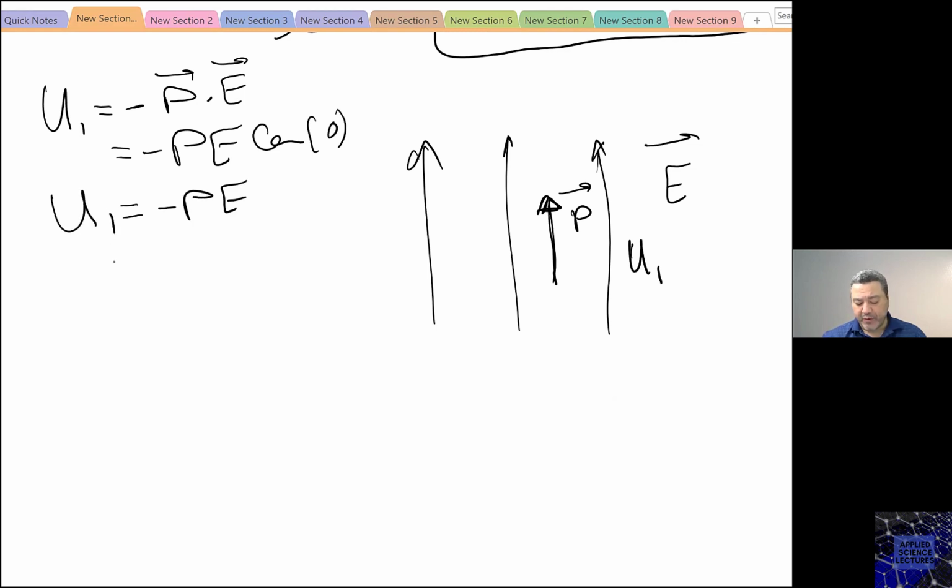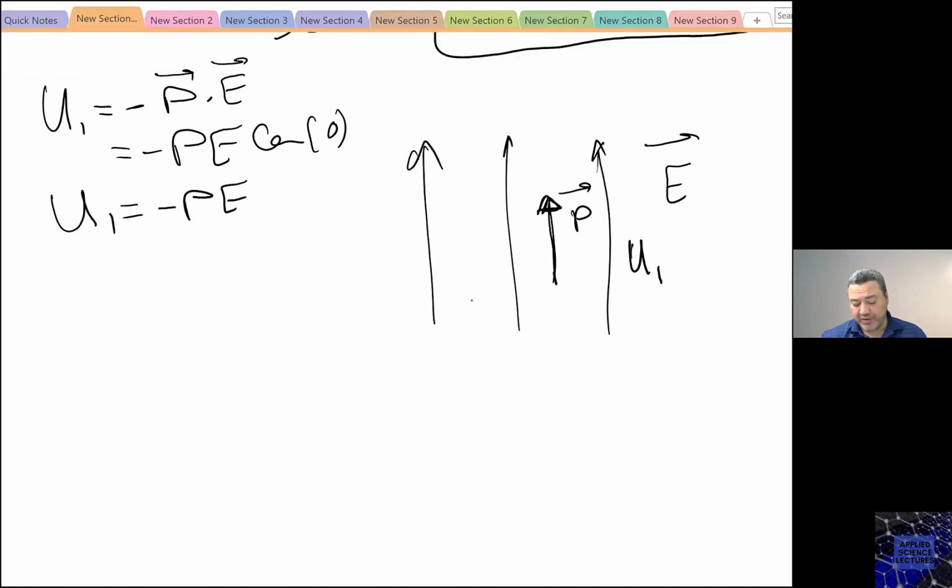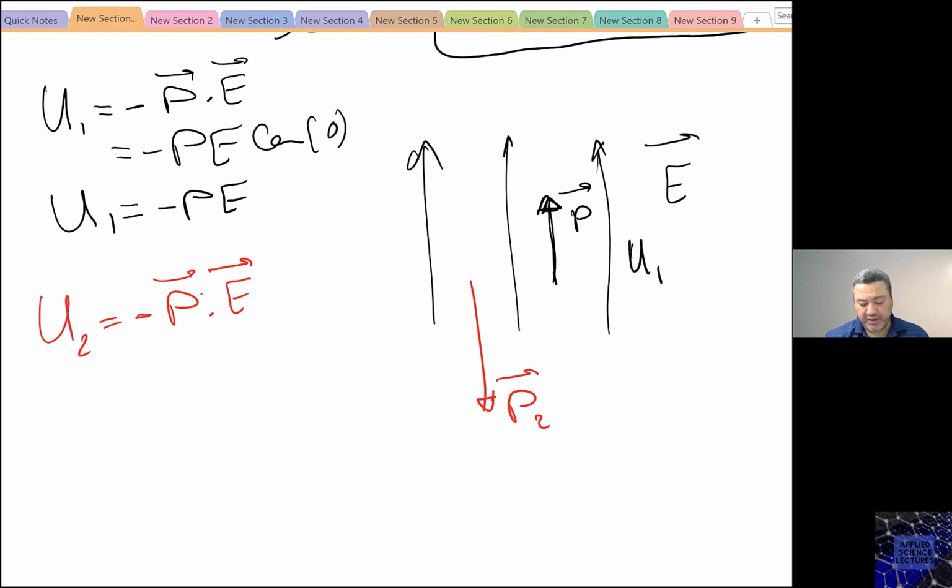Now, if I have an electric dipole moment that is anti-parallel, let me call this one P2, then in this case I have U2 equal to minus, again, P dot E. However, P magnitude times cosine of the angle, which now between the electric field and my dipole moment is 180 degrees, and that's why this becomes PE.